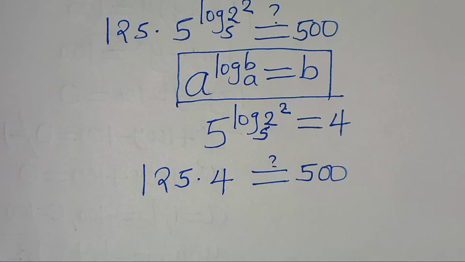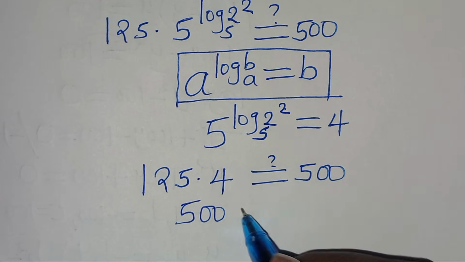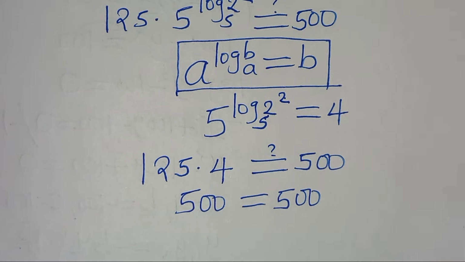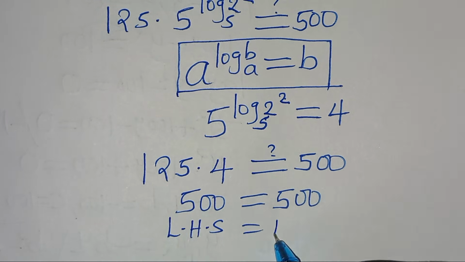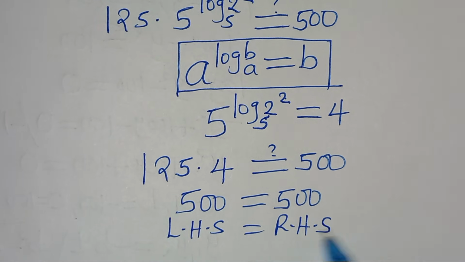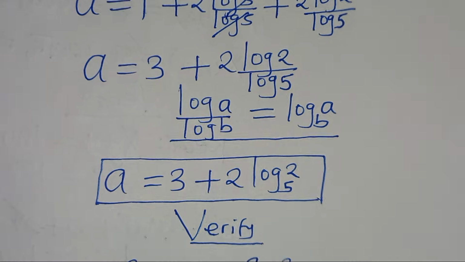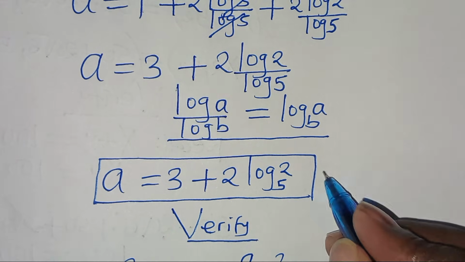So, 125 times 4 is 500, which is equal to 500. And this implies that the left hand side is equal to the right hand side, and that the value of a, which is 3 plus 2 log 2 to base 5, actually satisfies the equation.